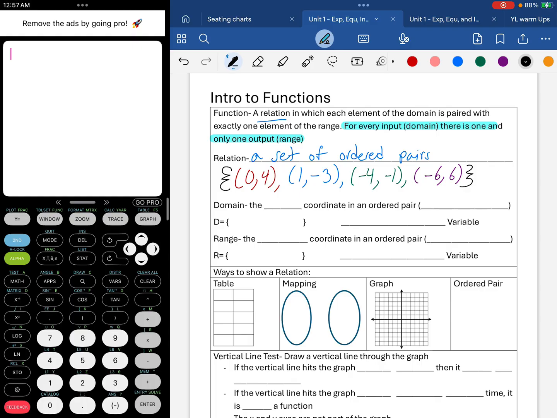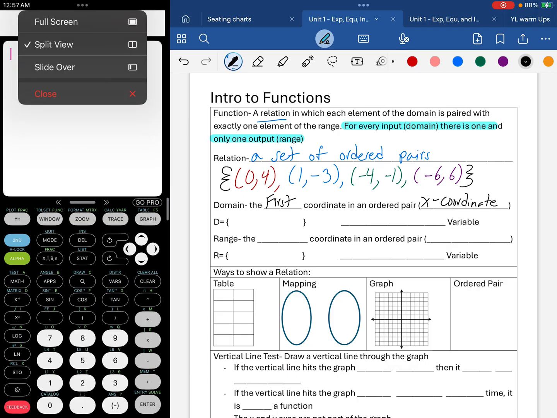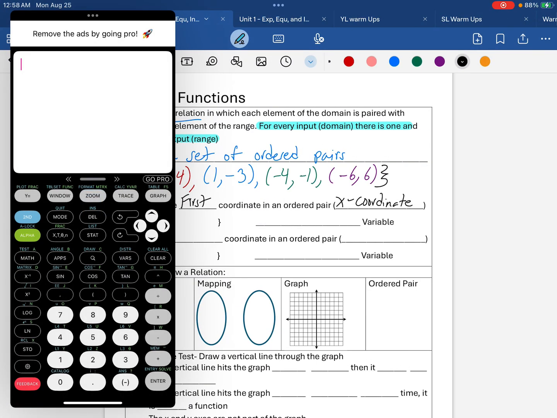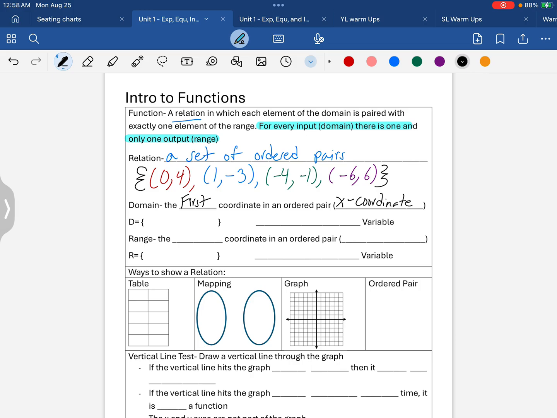So your domain is always the first coordinate in an ordered pair. So that means it is the x coordinate. So our domain, our x's in everything we just wrote, would be 0, 1, -4, and -6.